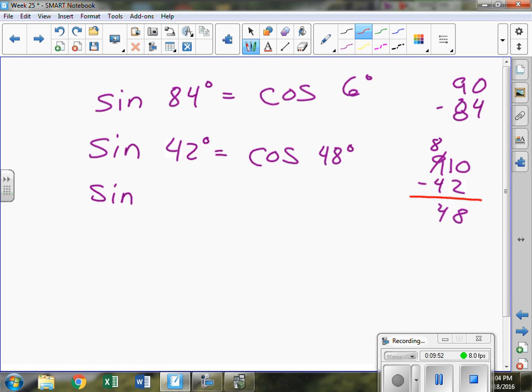What about the sine of 18 degrees? Sine gets turned into cosine. 90 subtract 18 is 72.